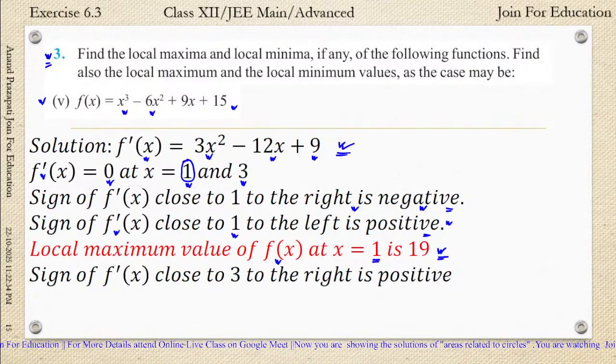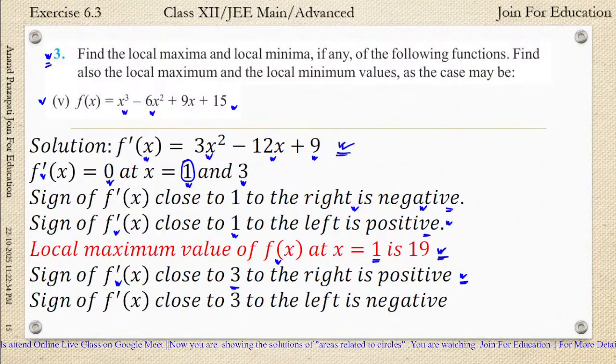Sign of first derivative of the function, or f dash x, close to 3 to the right is positive. Sign of f dash x close to 3 to the left is negative. Sign changes from positive to negative.